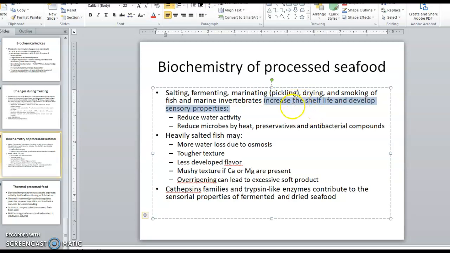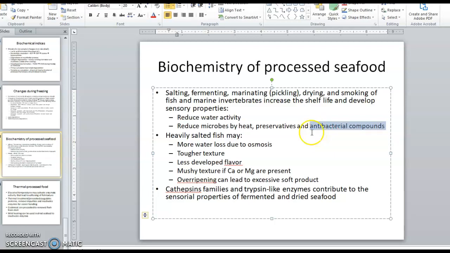Okay, the main way of developing the sensorial properties and increasing the shelf life is by reducing the water activity. Okay? For example, when we dry or when we salt, we remove the moisture from the seafood. We also can reduce the microbes by heat, preservative, and antibacterial compounds. Okay? For example, you can add nitrates, so the kind of preservative inside the seafood to make sure that the shelf life is longer.